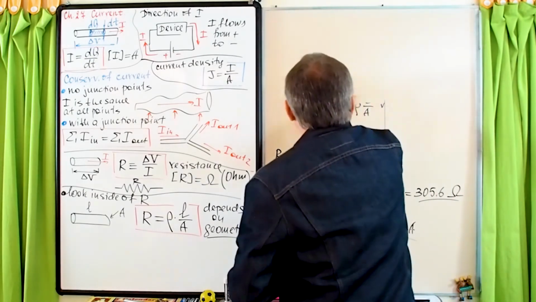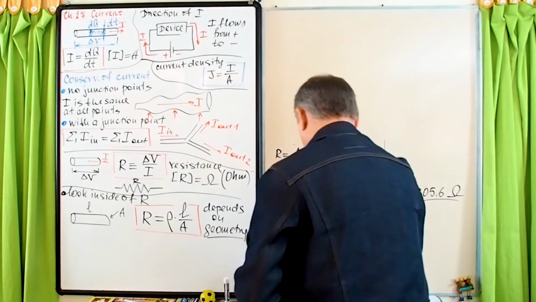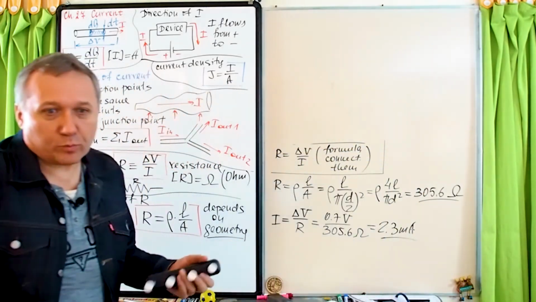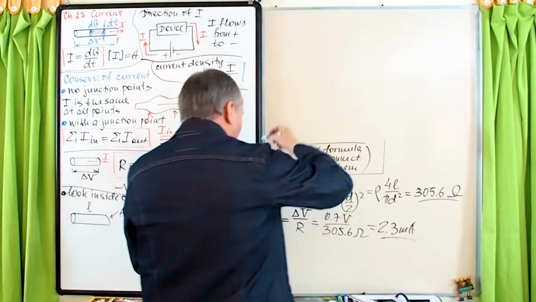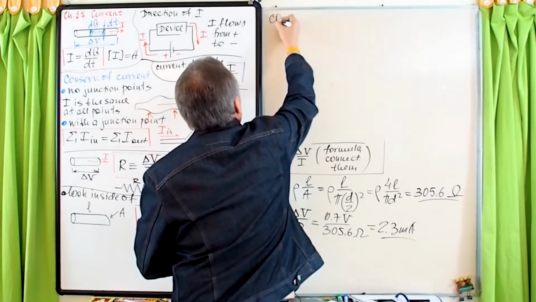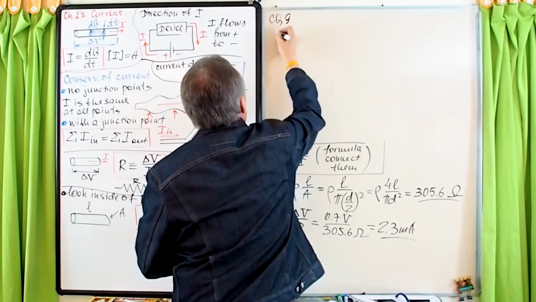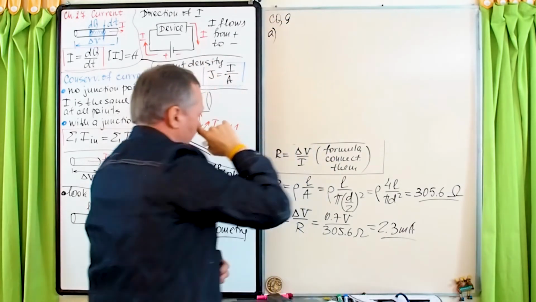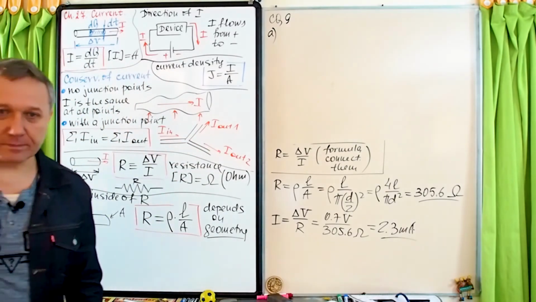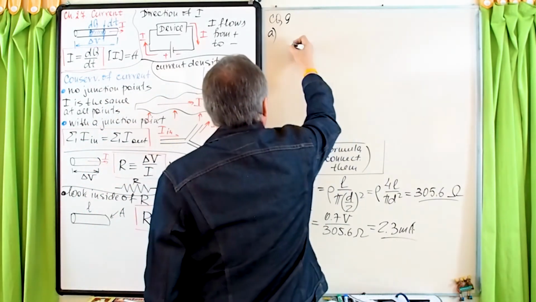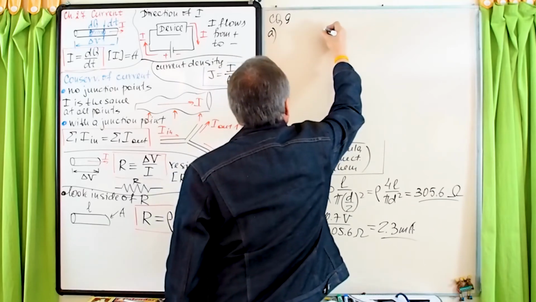So now more conceptual questions from the book. Conceptual question 9, part A. We have this wire.